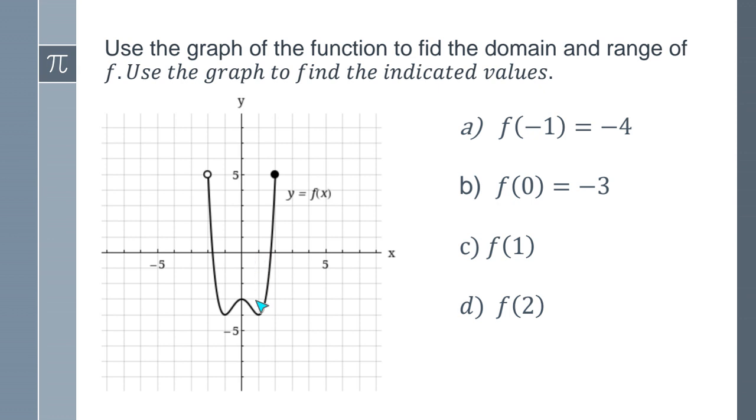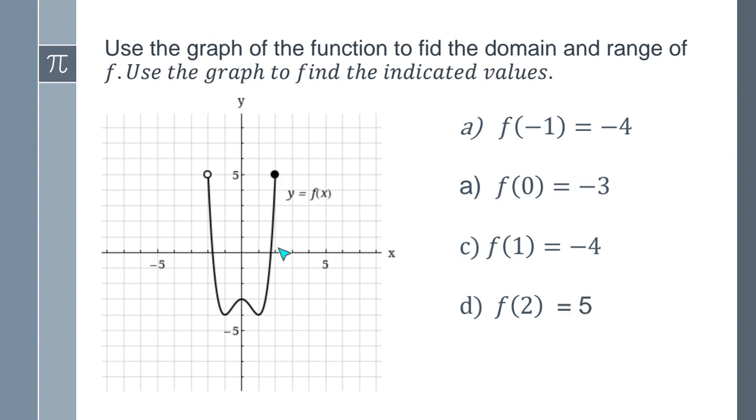If I scroll down, we are going to end up at -4 again. And then f of 2, what is f of 2 going to give me? Any answers for f of 2? So here's my 2. If I scroll up, then my graph touches at 5.